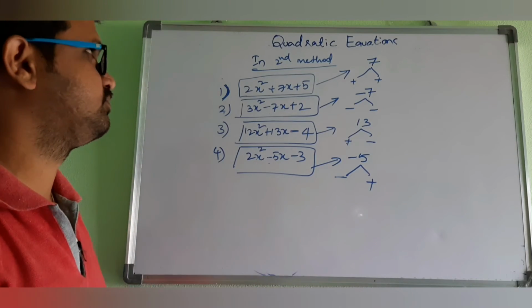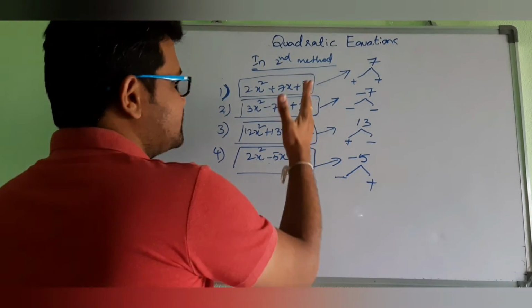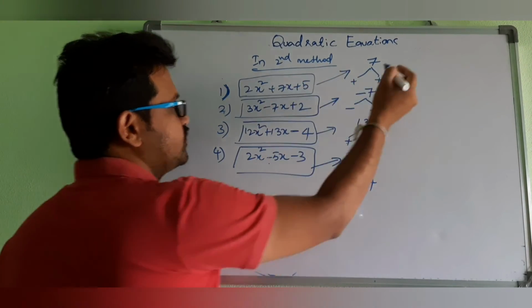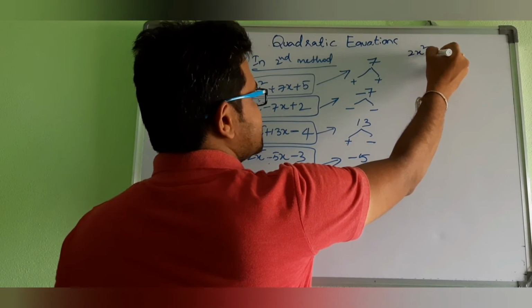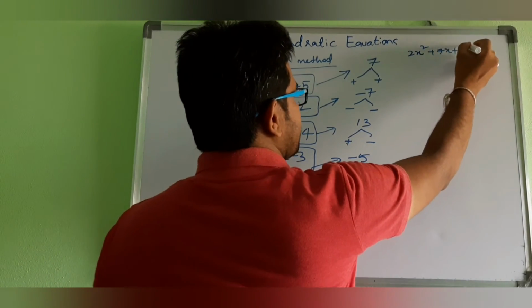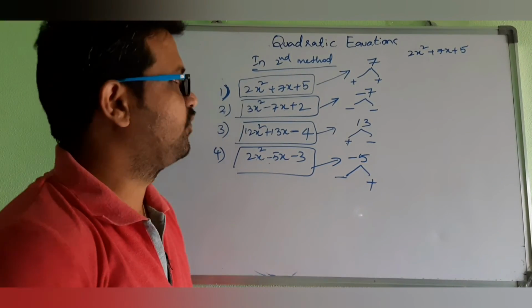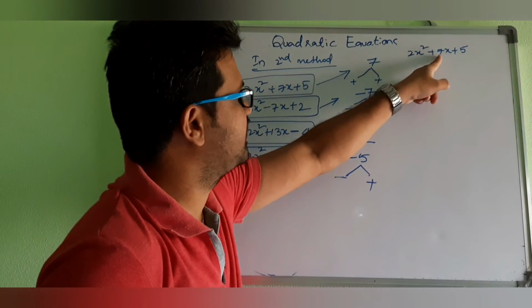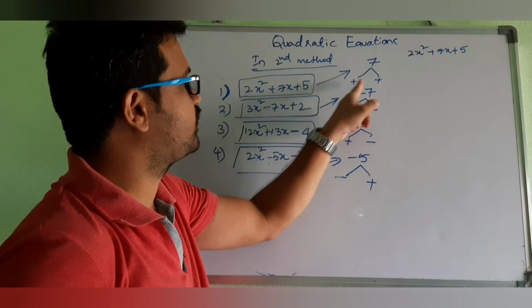Do the second method. Based on these steps, let us do this: 2x square plus 7x plus 5. When all are positive, the middle one should be divided into two positive numbers.